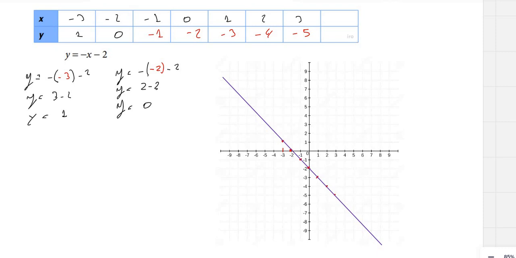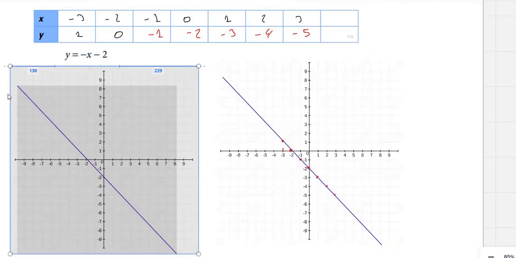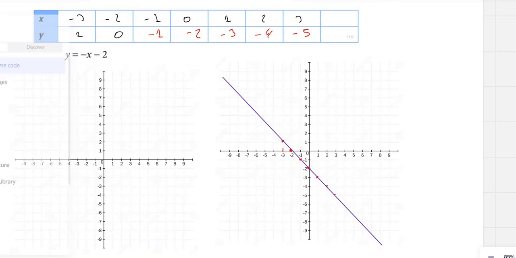Okay. Another way of drawing a straight line would be like this: I know the value of c equals -2 and m equals -1, and m is the movement of y divided by the movement in x. Okay, so c is -2, so -2 is over here.